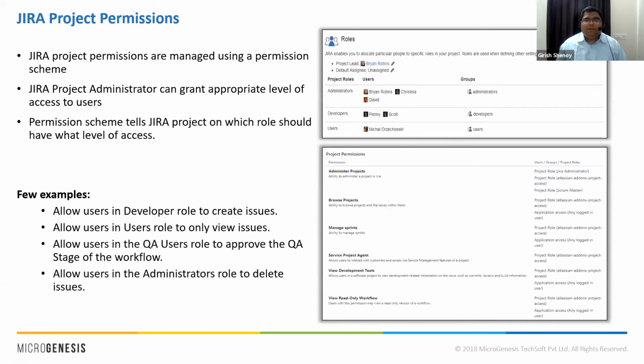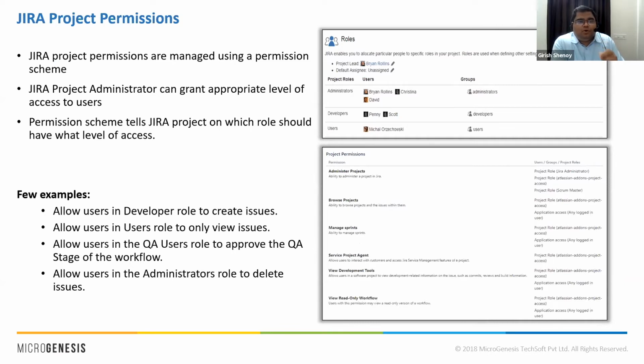We'll also talk about Jira project permissions. Many of you will have questions: how do I add people to the project? Somebody comes, my new employee comes and says, hey, I don't have access to the Jira project. So how do you add people to the project? Generally, permissions are given to roles.